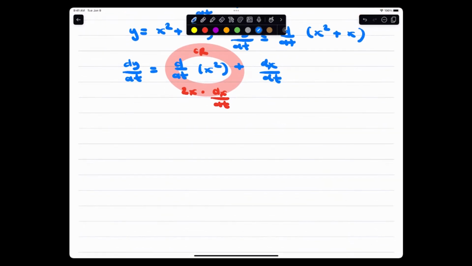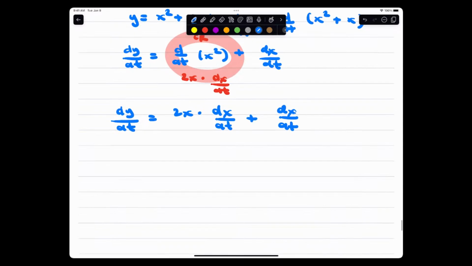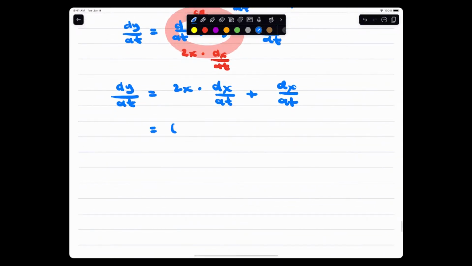So altogether, dy/dt will be 2x times dx/dt plus dx/dt. Yeah, and what you can do on the right side, factor out your dx/dt. And really, ladies and gentlemen, this is your related rates equation.